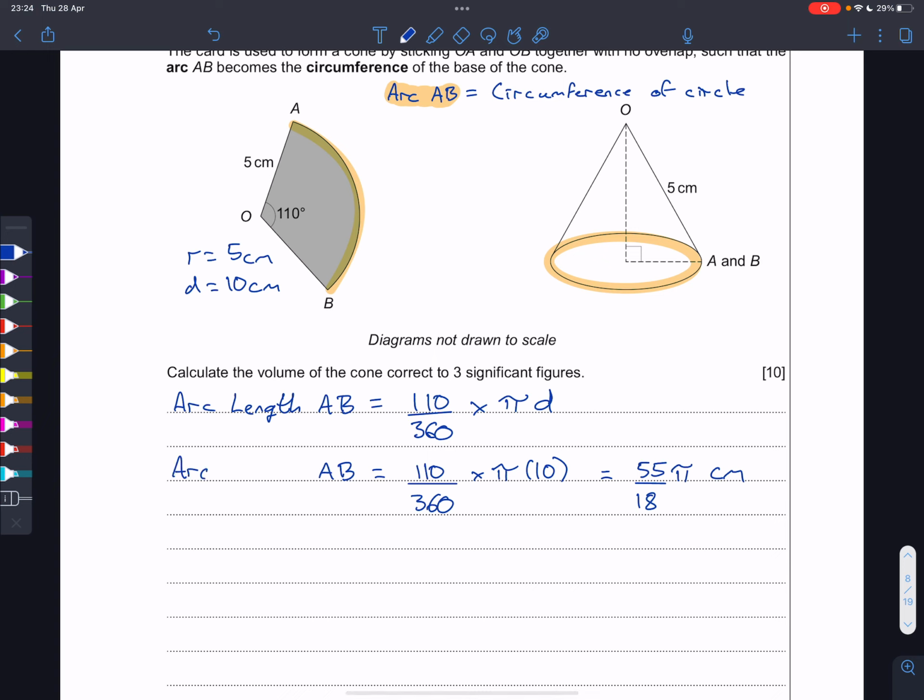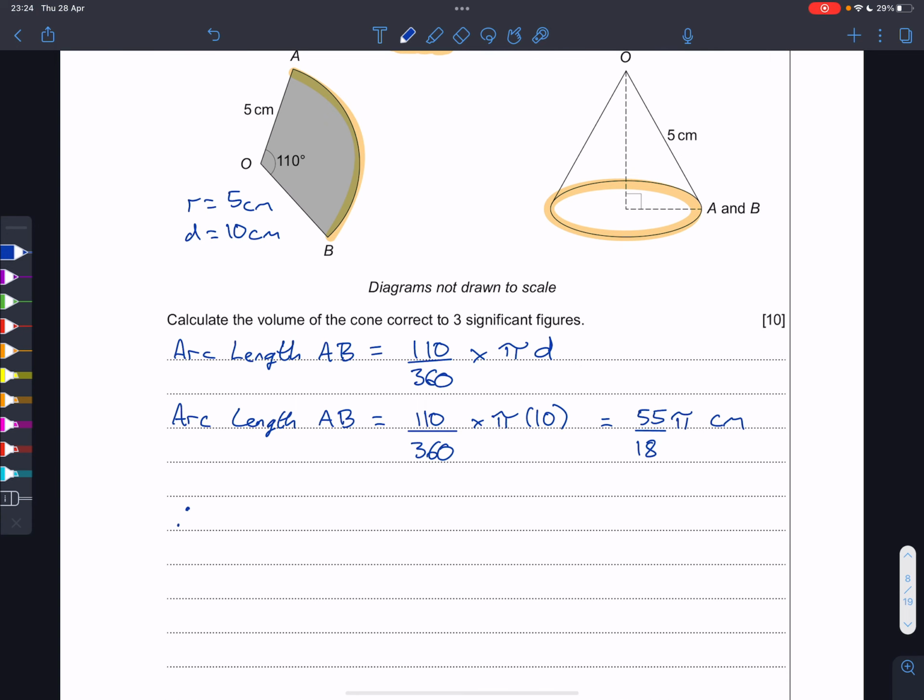Okay, so this is my arc length. That means that my circumference of the base of the cone is also going to be 55 over 18 pi centimetres, because they're the same.